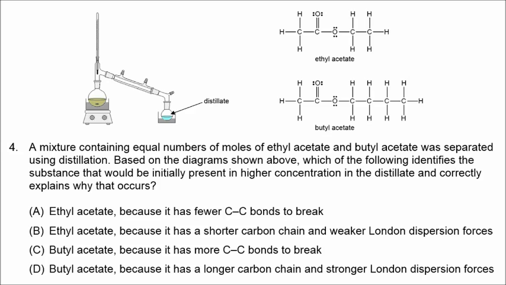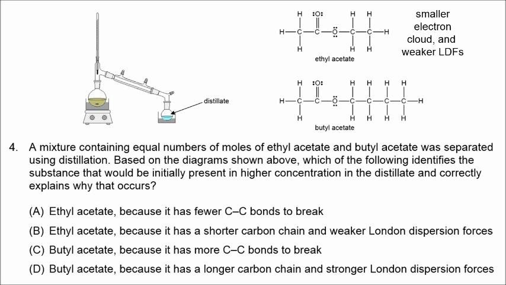There's not really a difference in these molecules in terms of their polarity, but as you can see, butyl acetate is a larger molecule, has a larger carbon chain, so therefore that molecule, butyl acetate, will have greater London dispersion forces because its electron cloud is larger and it's more polarizable.